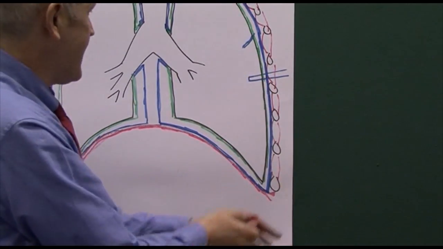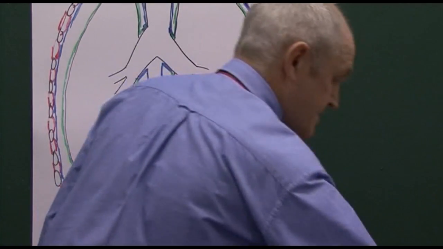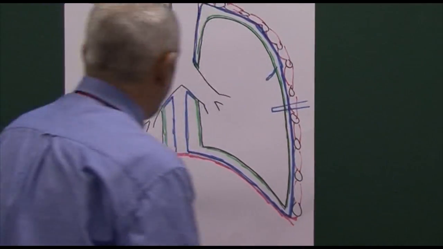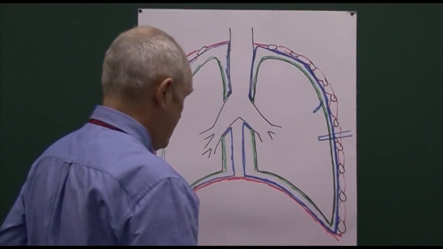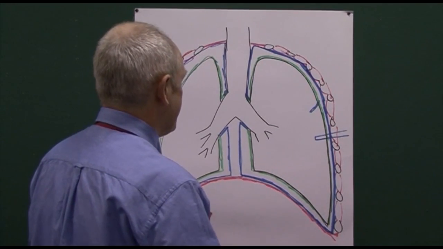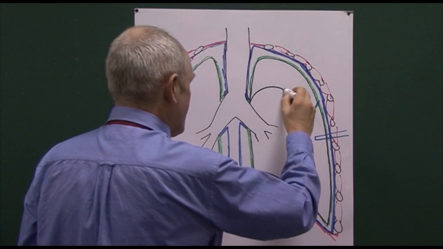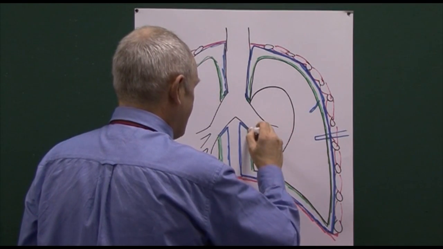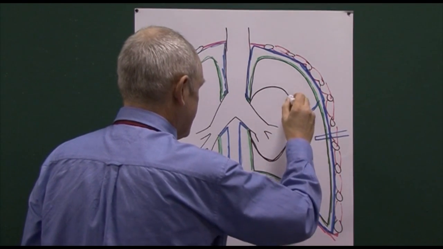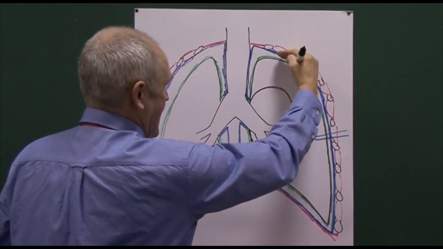The alveoli will collapse and the whole lung will collapse into a relatively small volume. So here we have a collapsed lung. It's now collapsed in the way.